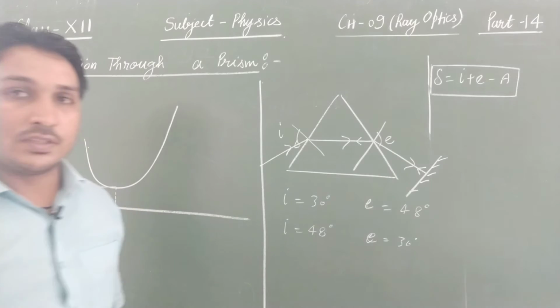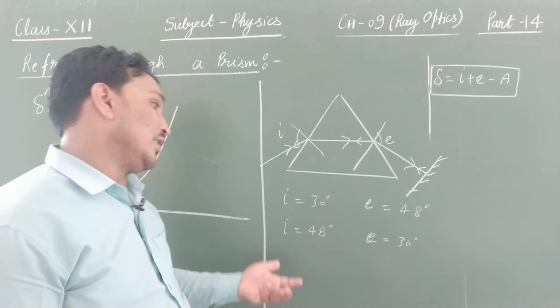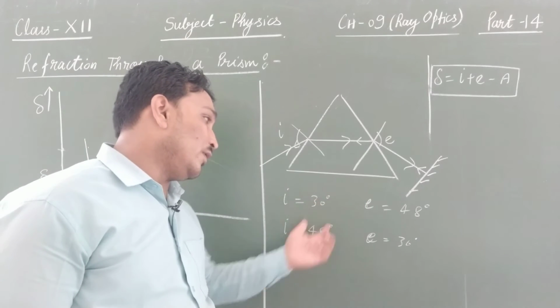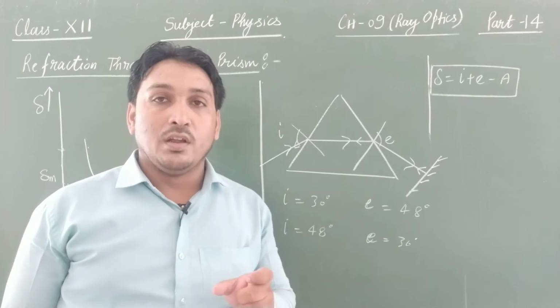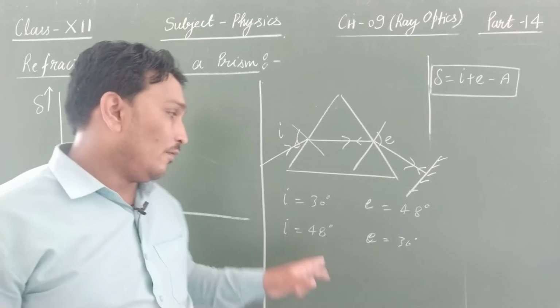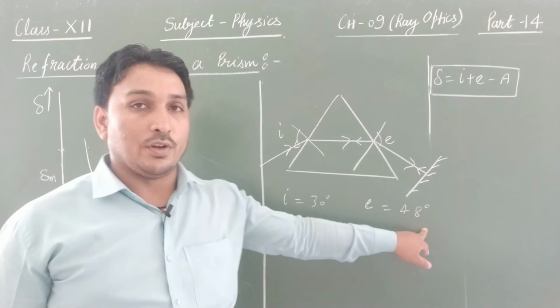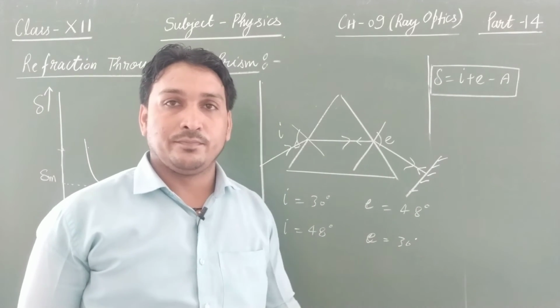This is how it works. For a particular angle of deviation, there are two angles of incidence, and these are interchangeable with the angle of emergence. For I equal to 30 degrees, E is 48. So then for I equal to 48, E will be 30 degrees.